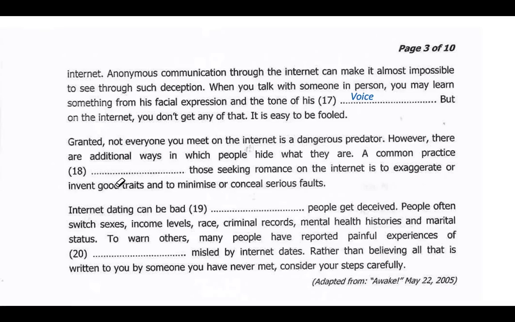So we can say a common practice to those seeking romance on the internet, or a common practice among those seeking romance on the internet. We can say to or among, so those two words are correct. Here I applied the word among: a common practice among those seeking romance on the internet is to exaggerate or invent good traits and to minimize or conceal serious faults.